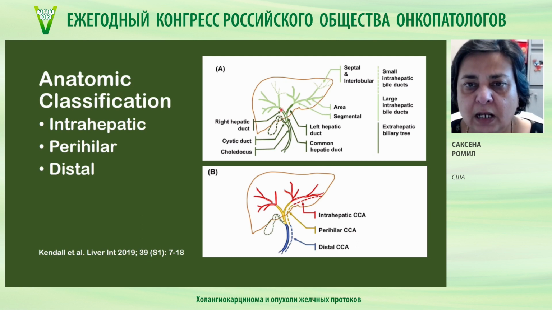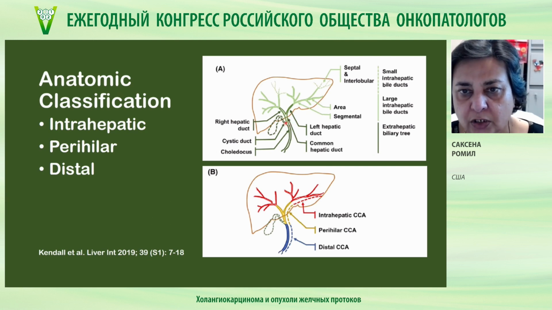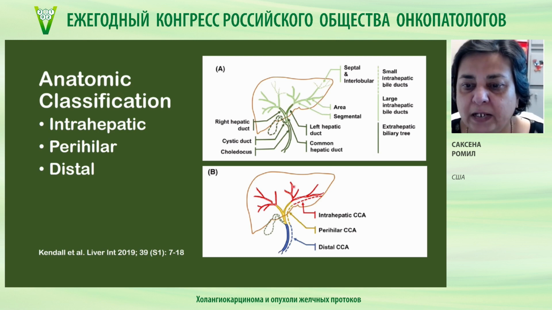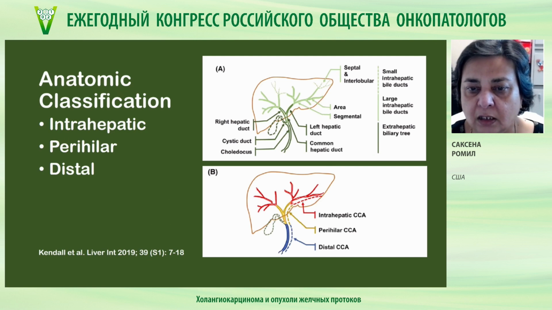Now, the larger ducts around the hilum, meaning the right hepatic duct, the left hepatic duct, which forms the common hepatic duct, and then you have the cystic duct over here. This area gives rise to the peri-hilar cholangiocarcinomas. And you see that in this diagram, the right and left hepatic duct and the common hepatic duct.